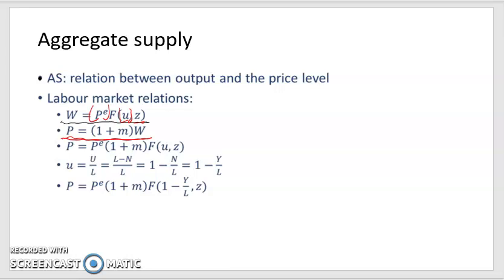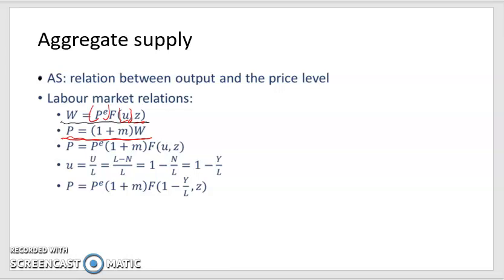This told us that the price set by firms equals nominal wages times 1 plus the markup. We then used the two relations together with the assumption that the actual price level equals the expected price level. Under this assumption, we derived the natural level of unemployment and by implication the natural level of output.